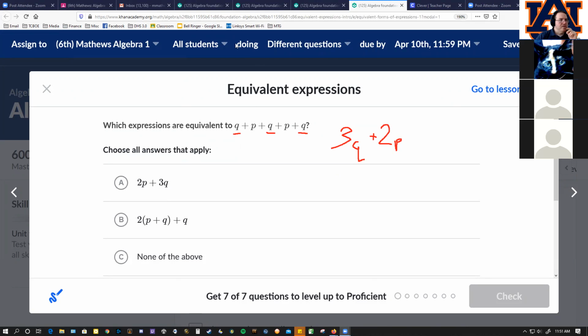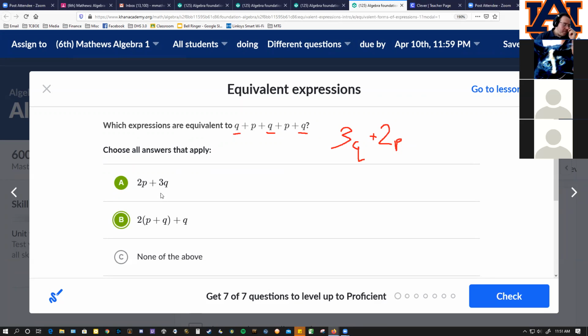Okay, so I guess the question is, is B a correct answer? 2 P's and 3, I know A is right. The question is, is this correct? There's one extra Q. So that'd be 2 P's, 2 Q's, and a Q, yeah.